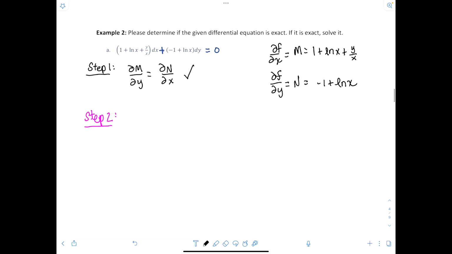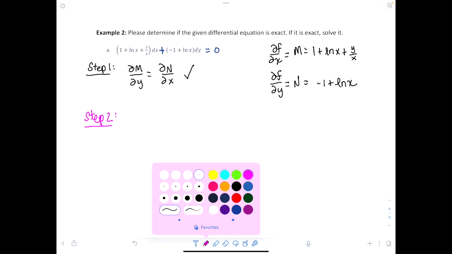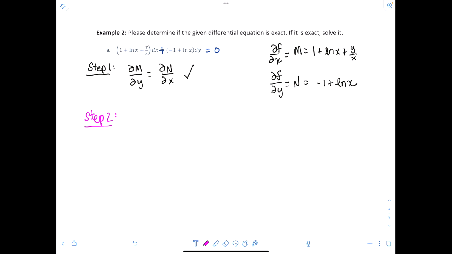Ready? So now for our second step, what we're going to do is set up df. I'm going to choose df/dy, the first partial of f with respect to y. It just looks nice and easy to work with. It doesn't matter which one you pick, so you do you.